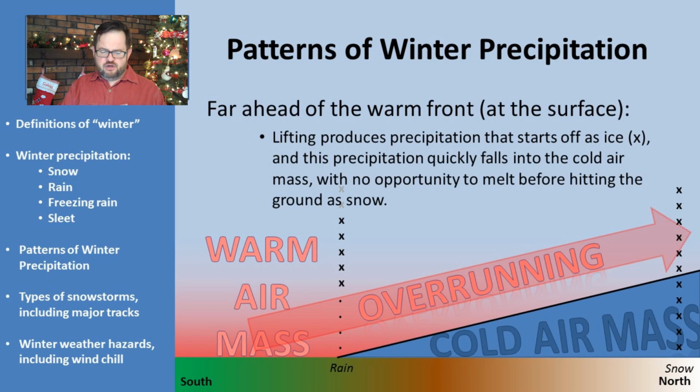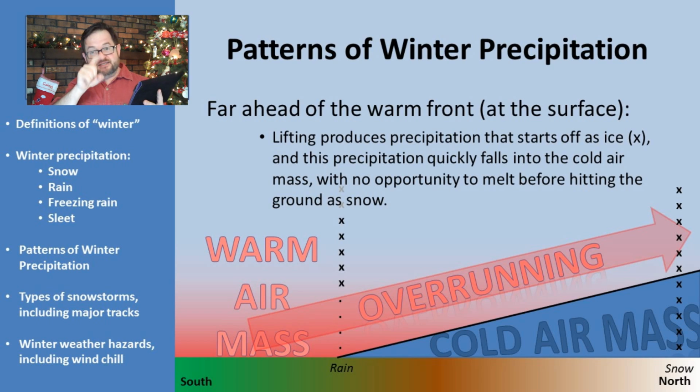Now, let's try a different story here, though. What if we were way out to the north beyond the warm front? Again, we have lifting as warm air is overrunning the cold air mass, and it's being gently lifted by the warm front here. And again, we're going to be forming precipitation in the form of those ice crystals. That's why I started off with an X, because we're way up high in the cloud where the temperatures are cold.